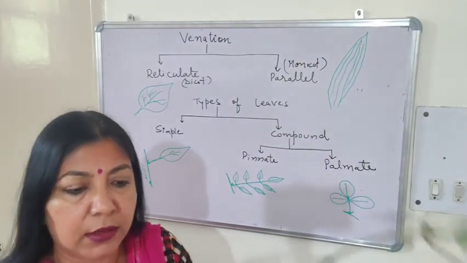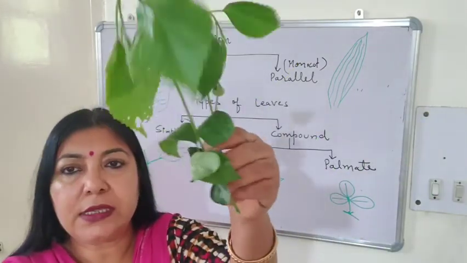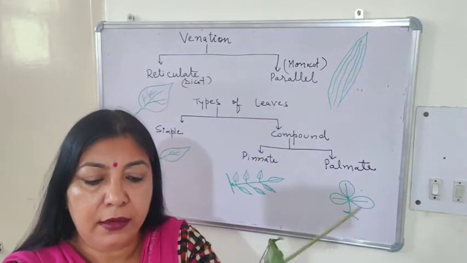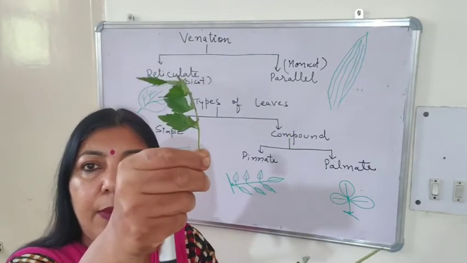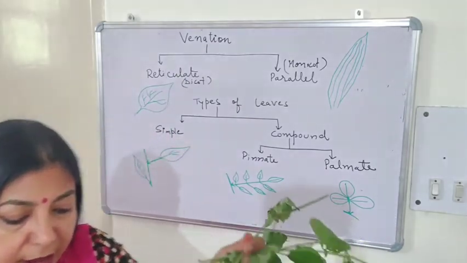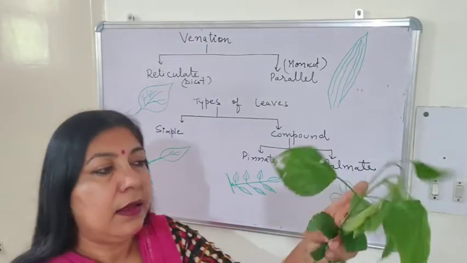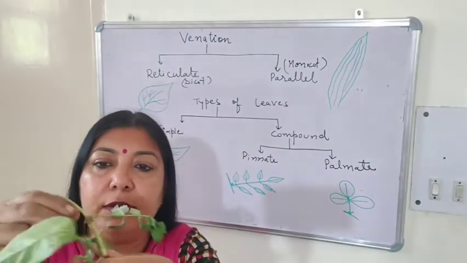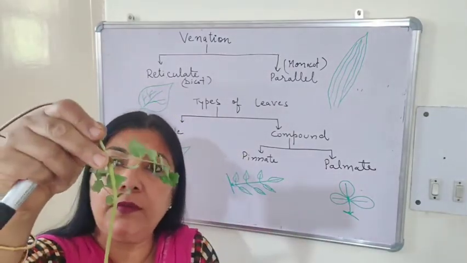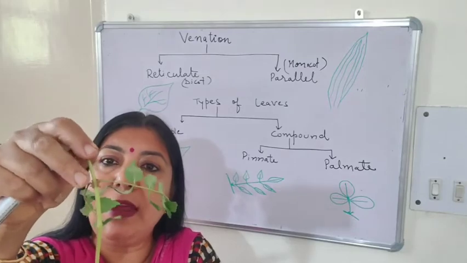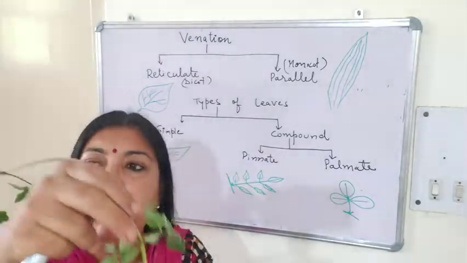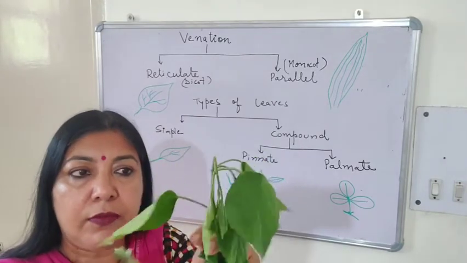How will I find out whether this is a branch containing simple leaves or a compound leaf? Well, every leaf arises only from a node, and it will always have a bud in its axil, and there will be stipules also.